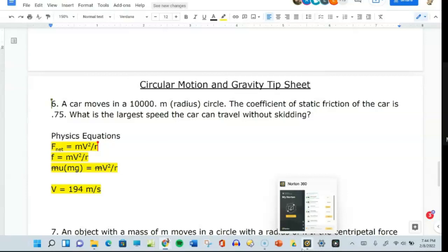The friction is your center-directed force. So we start out with this equation, mv squared over r. Why? Because they mention r, and speed is the question, so I need an equation with speed in it. So mv squared over r is very good. Now your net force, your centripetal force, is mu mg.